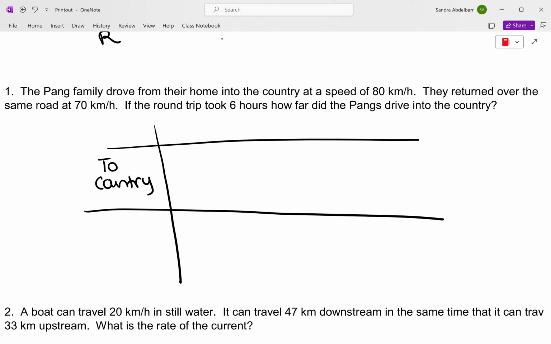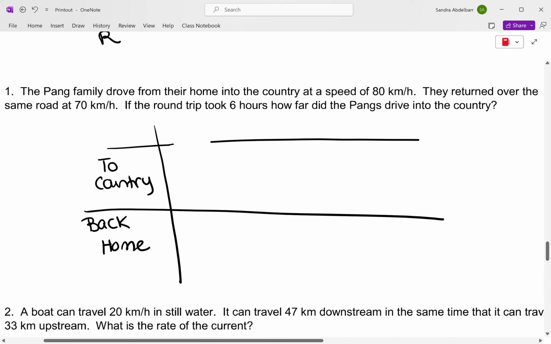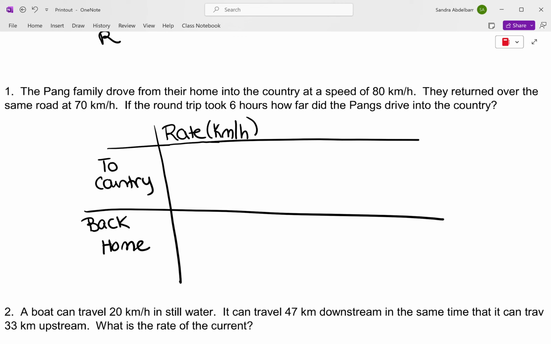So what I'm going to do is I'm going to set up my chart. And we're going to talk about going to the country and then back home. Now, the only thing we're certain of is the rate, right?